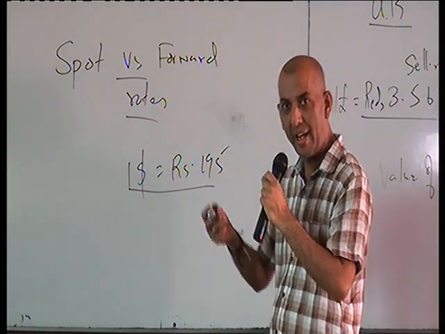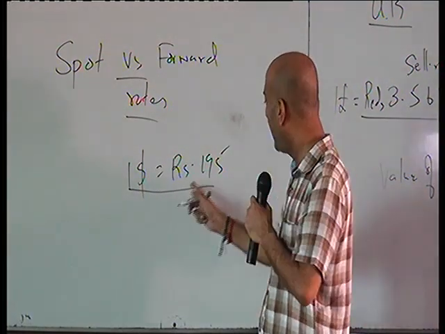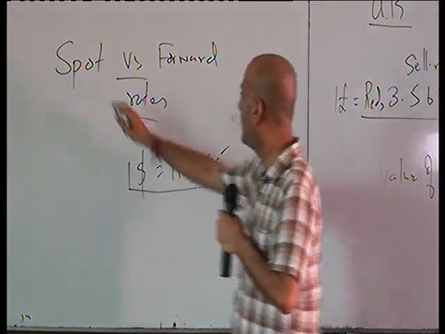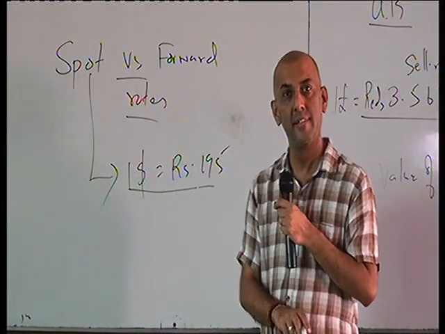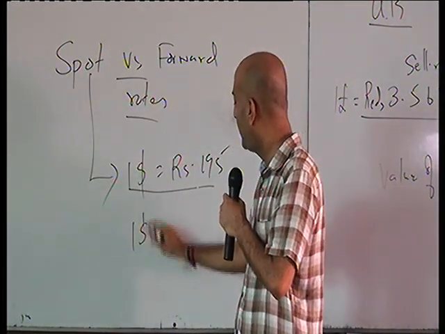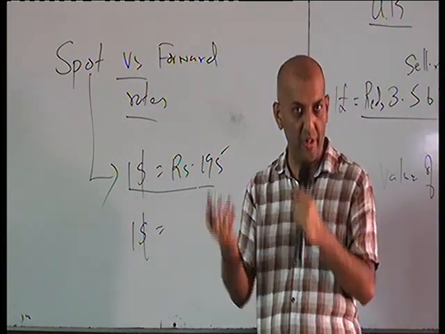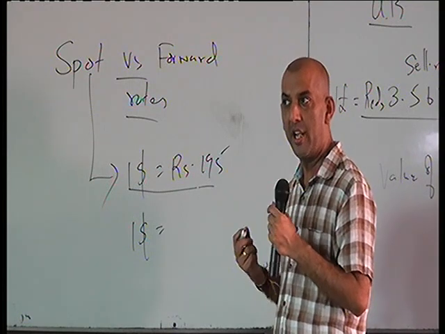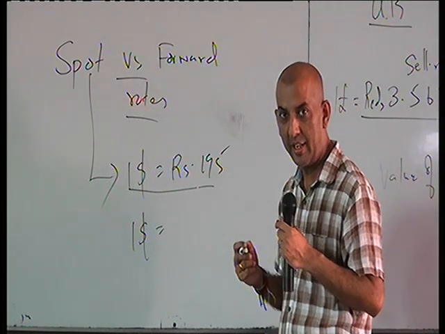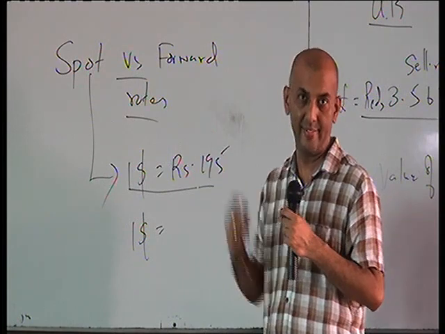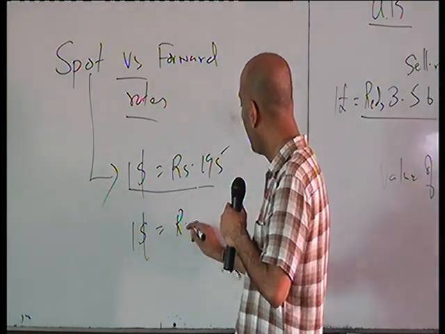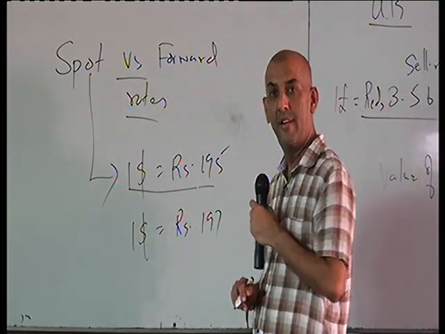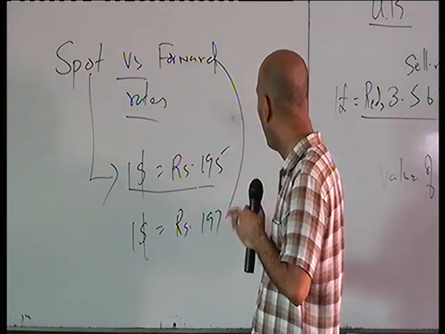That means if I go to buy now, I can buy the dollar at this rate, which means this is the spot rate. If I say the delivery of the dollar, whatever number of dollars I want to buy, $1,000, $500, that number of dollars I can get delivery not today, I'll get it one month later, and that dollar value is say 197, which is called the forward rate.